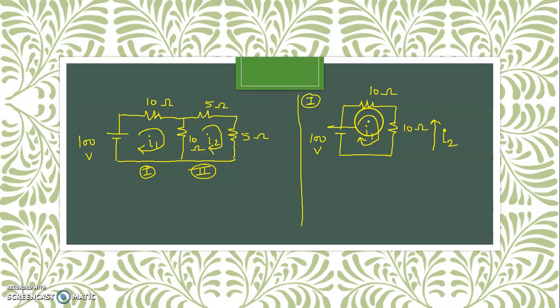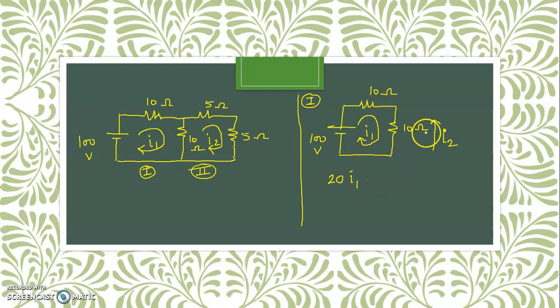Just follow the current I1. This I1 is passing through 10 ohm and another 10 ohm, so there are two resistances through which the current I1 is flowing. So 10 plus 10 gives you 20 I1, means through 20 ohm resistance the current flowing is I1.